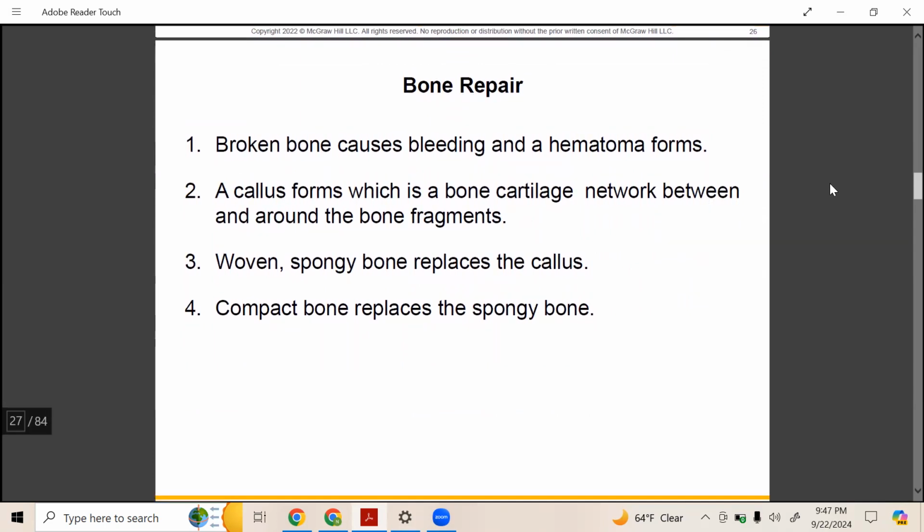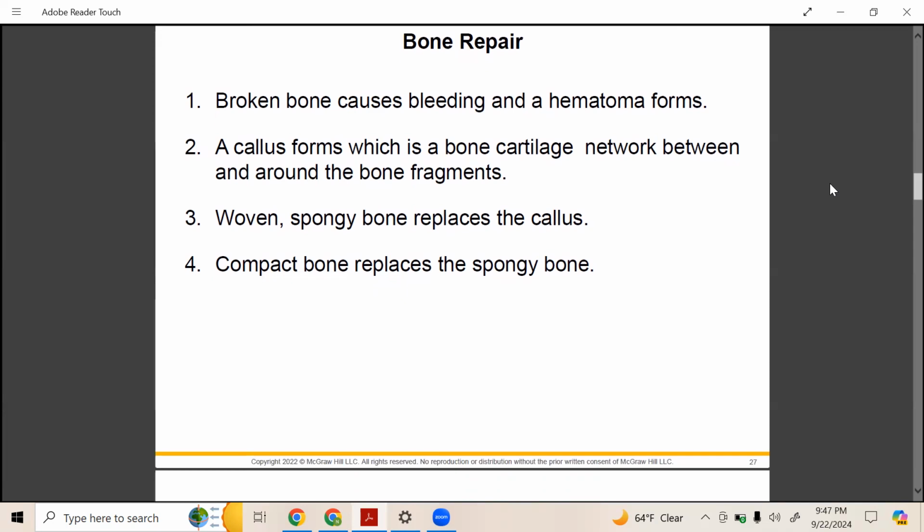When we discuss bone repair, on the other hand, we're going to be talking about actually breaking a bone. When a bone is broken, it causes bleeding because our periosteum and our endosteum are supplied with blood vessels. That's going to cause a hematoma, or a big gathering of blood.